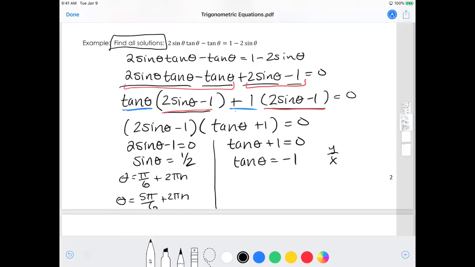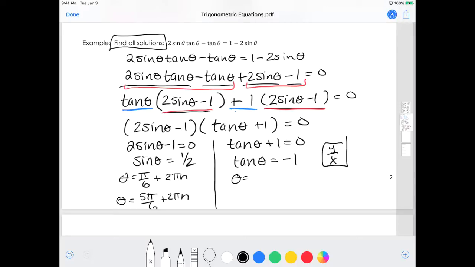Now, for tangent theta is equal to negative 1, there are 2 places that the y and the x are exactly the same but opposite signs. Because remember, tangent is the y ordered pair, or the y coordinate over the x coordinate.